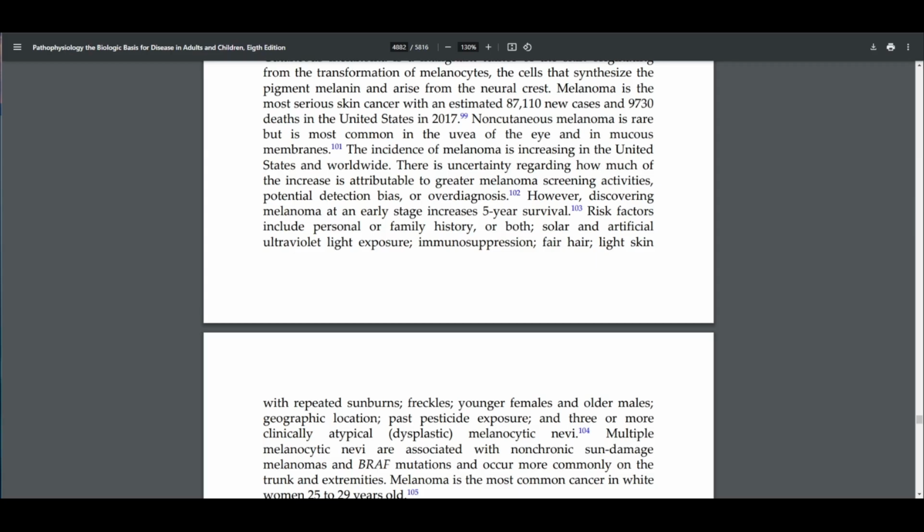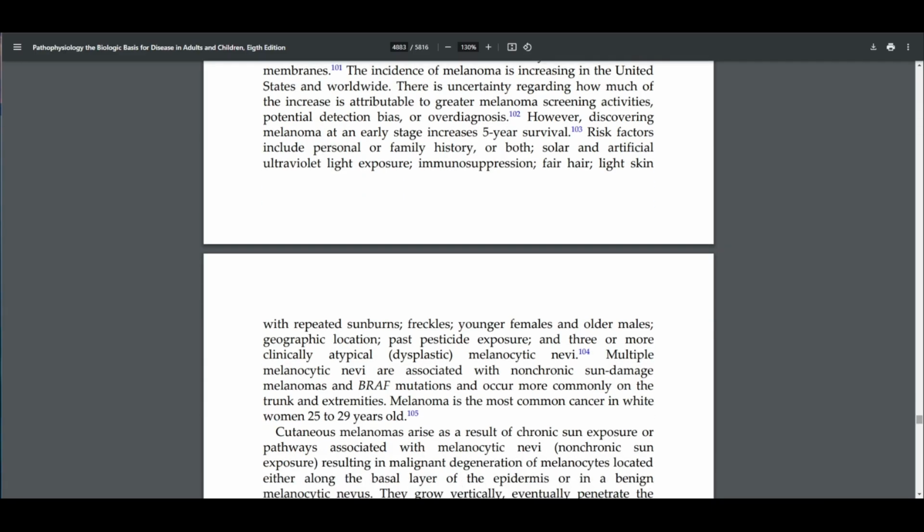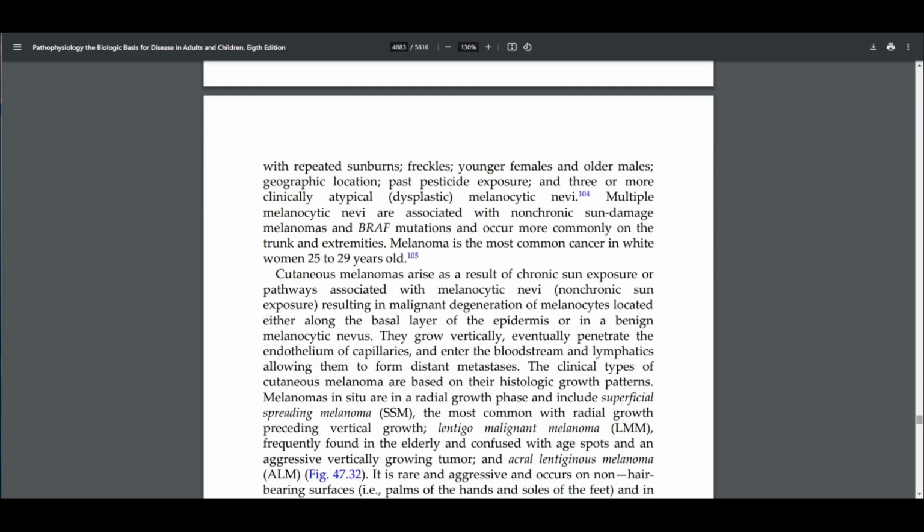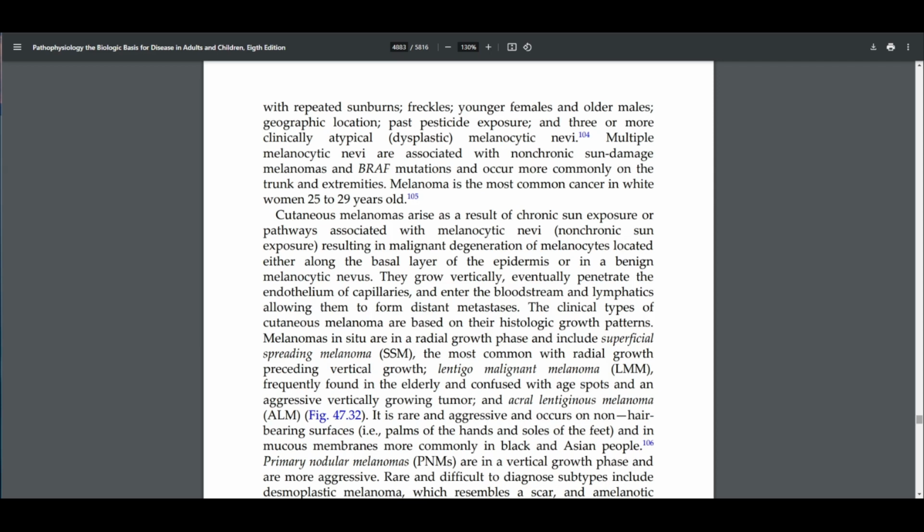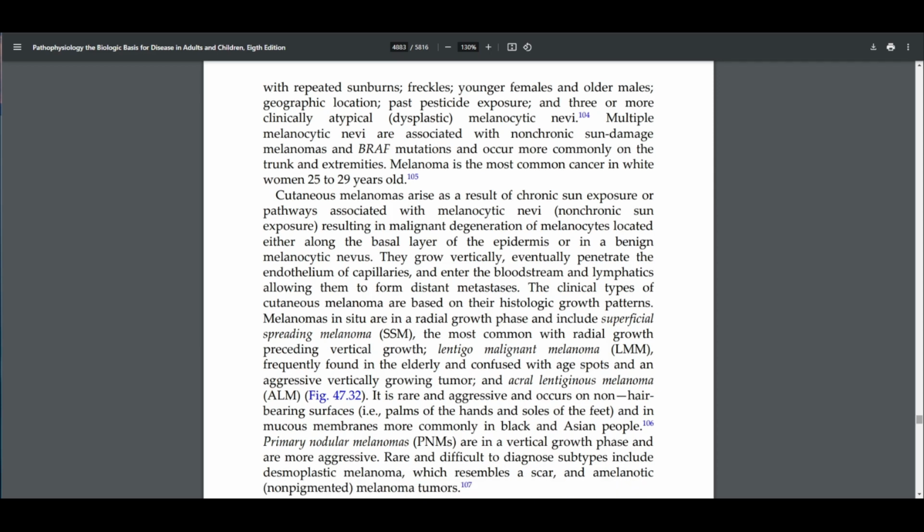Risk factors include personal or family history, or both, solar and artificial ultraviolet light exposure, immunosuppression, fair hair, light skin with repeated sunburns, freckles, younger females and older males, geographic location, past pesticide exposure, and 3 or more clinically atypical melanocytic nevi.